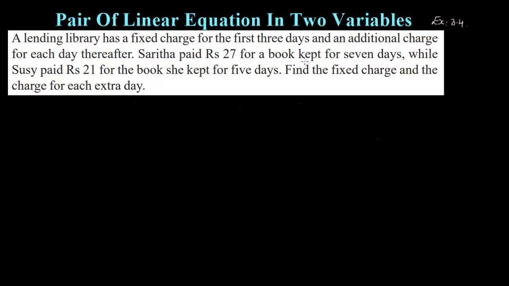Sarita paid 27 rupees for a book kept for 7 days, while Susie paid 21 rupees for the book she kept for 5 days. Find the fixed charge and the charge for each extra day.